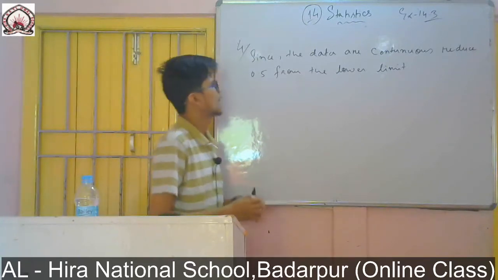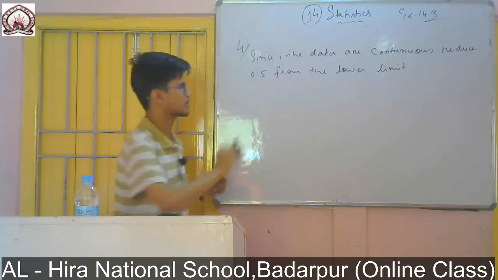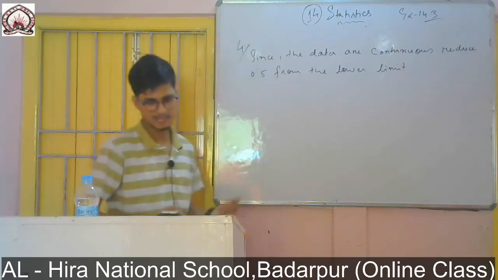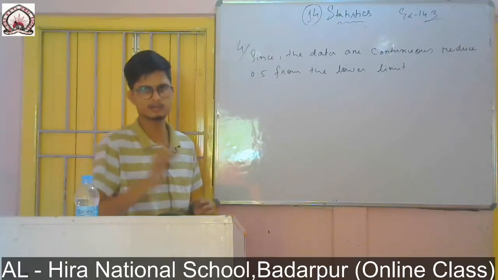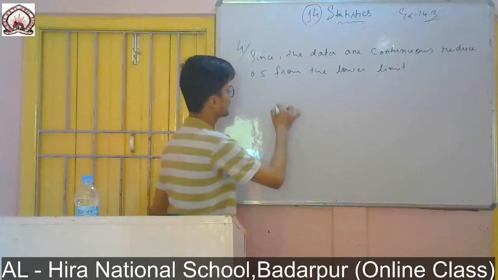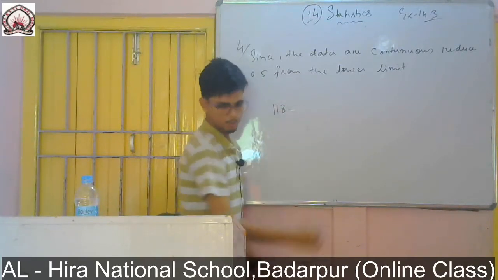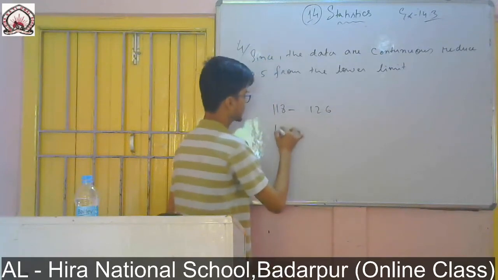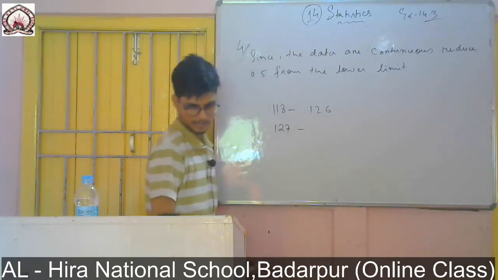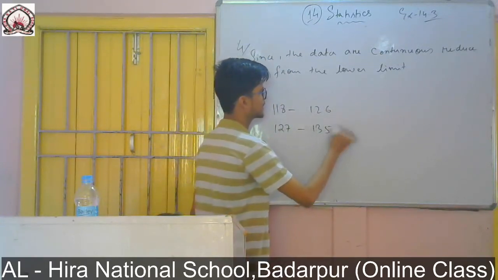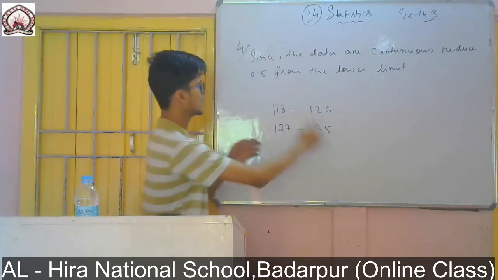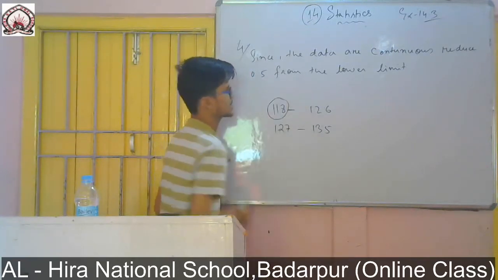So you see how we make the class interval continuous. In class 9 also, and in this chapter also, I did one or two problems like this. If the data are not continuous, you see it is given 118 to 126, the next one 127 to 135. To make the data continuous, what do we have to do? Simply from the lower limit you subtract 0.5.